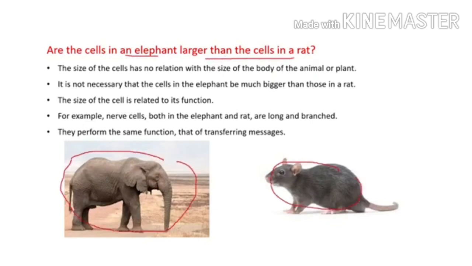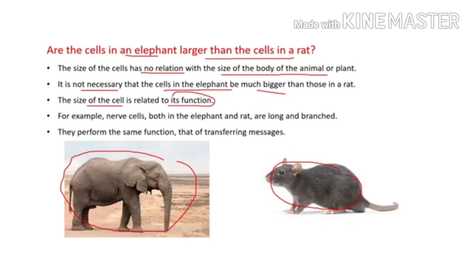It's a question really to think about. Actually, the size of the cells has no relation with the size of the body of the animal or the plant. It's not necessary that the cells in the elephant be much bigger than those in a rat.